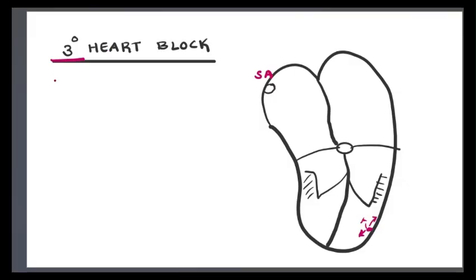Third degree heart block is also called complete heart block because none of the impulses generated from the SA node will reach the ventricle. All get blocked at the level of the AV node. So what happens is the atria will beat according to the impulses generated from the SA node.